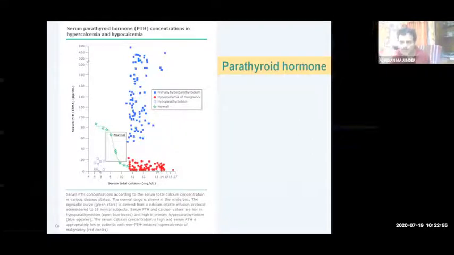Low calcium causes high release of parathyroid hormone, and high calcium suppresses it. So if you find that the calcium level is high but the parathyroid hormone level is also high, it means the patient has primary hyperparathyroidism, because even though the calcium level is high, parathyroid hormone is not suppressed. It is supposed to be suppressed, but it is not.